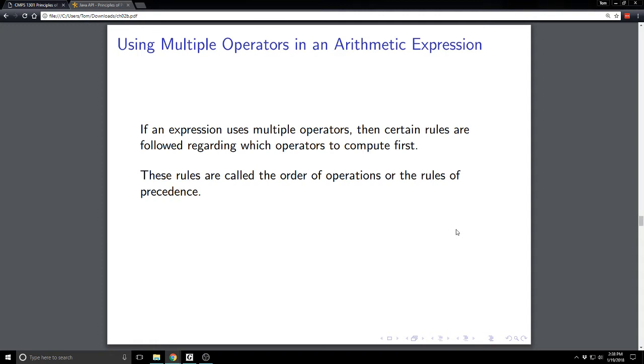They are exactly the same rules that you would use in algebra class. Please excuse my dear Aunt Sally, right? That says evaluate things in parentheses first, and then exponents, then multiplication and division, then addition and subtraction. Those are pretty much exactly the same in Java.